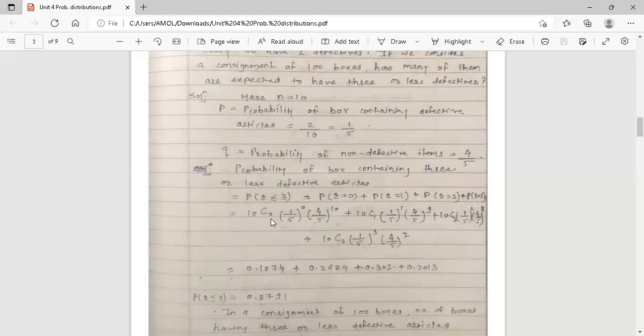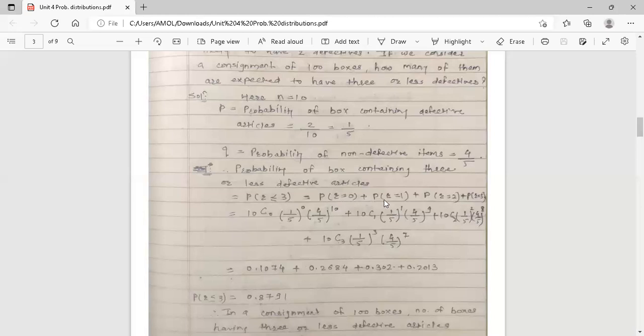P is 1 by 5, raised to 0. Q is 4 by 5, and the power is n minus R, which is 10 minus 0, that is 10. So this is the probability when R is equal to 0.